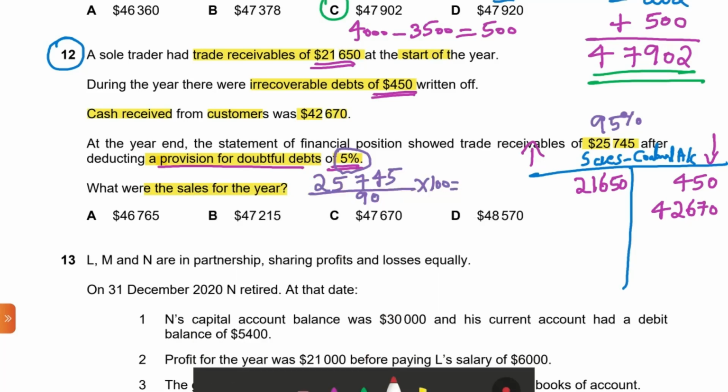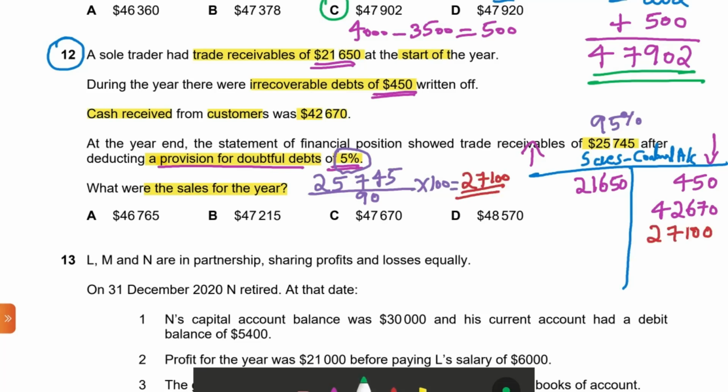It will be 27,100. That is our actual closing trade receivable. Opening trade receivable on the debit side, closing trade receivables on the credit side, 27,100.